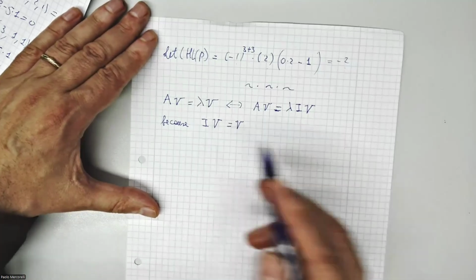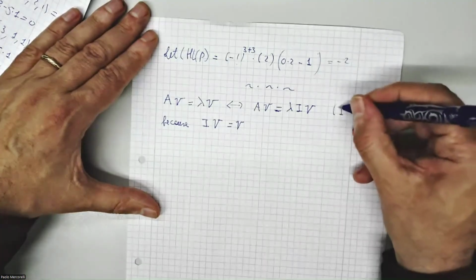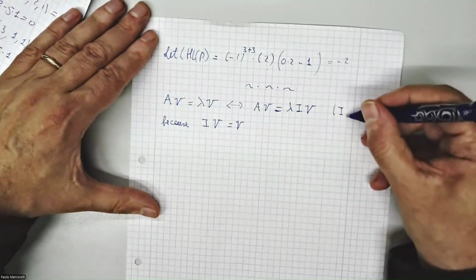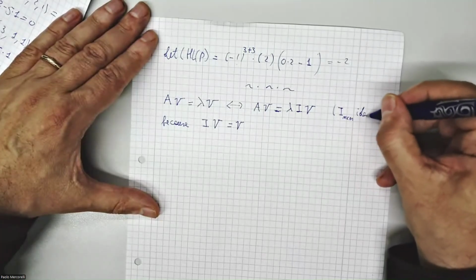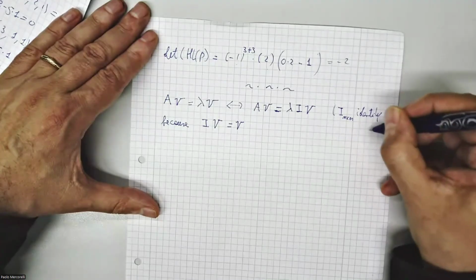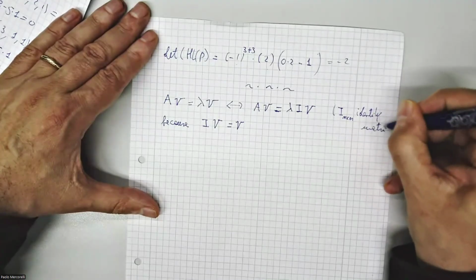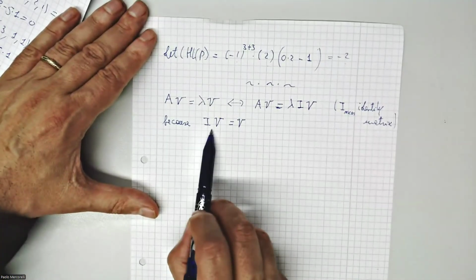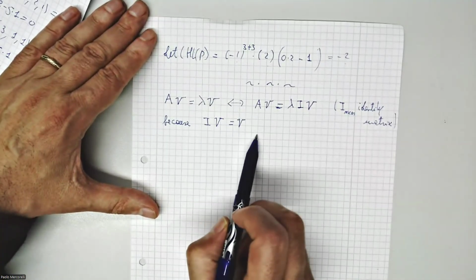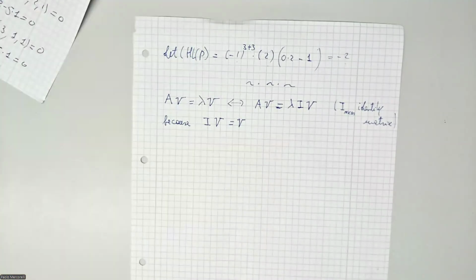The identity matrix, n times n. I don't know if this is understandable for you. The identity matrix is the unit matrix. We cannot say so exactly, but in order to understand.